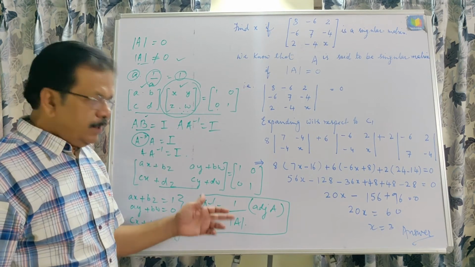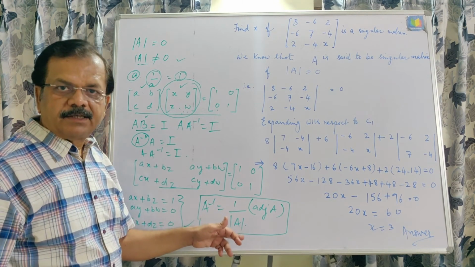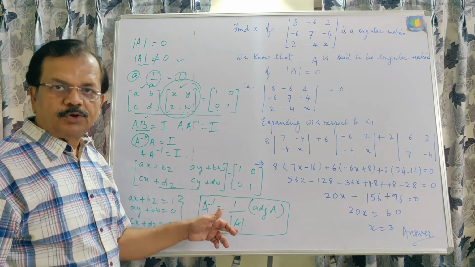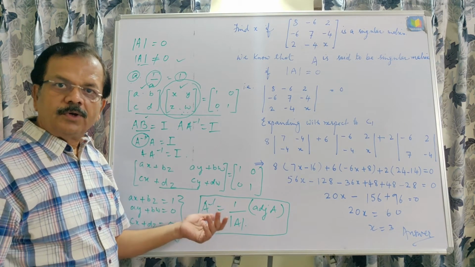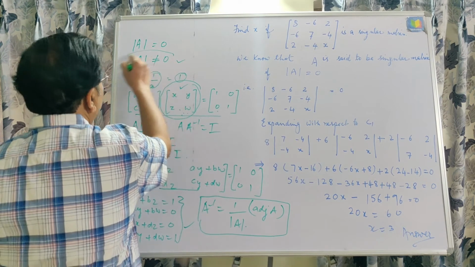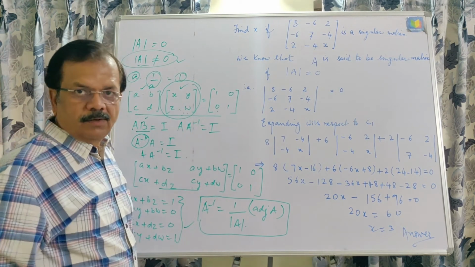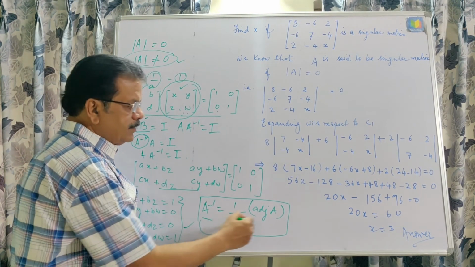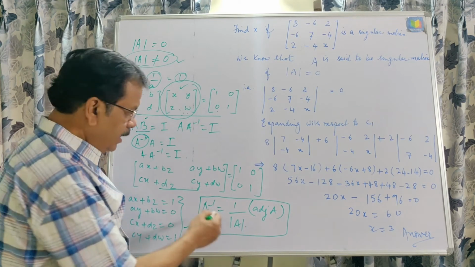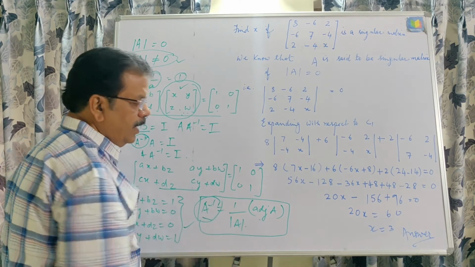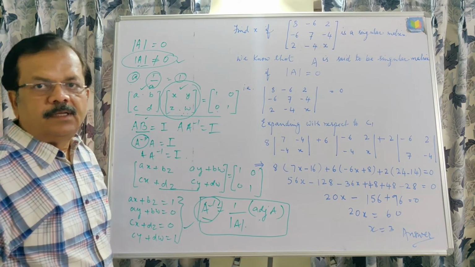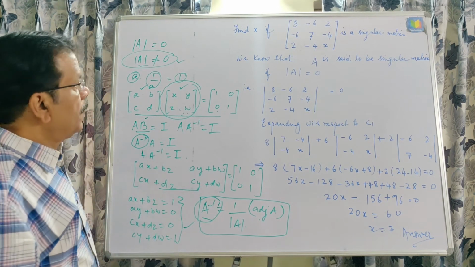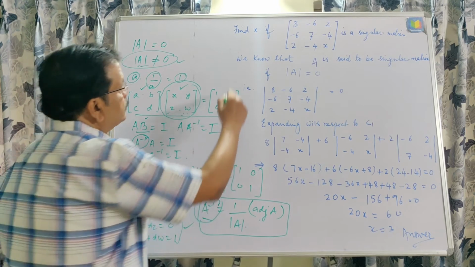The second condition is that the determinant of that matrix should not be equal to 0, that is, non-singular. Then the inverse exists, and the value of that inverse will be adjoint of A upon determinant of A.